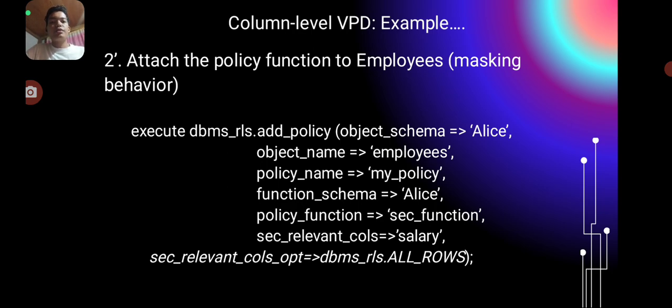Execute dbms_rls.add_policy, and the object schema name is Alice, the object name is employees, and the policy name is my_policy. The function schema is Alice, and the policy function is sec_function. The sec_relevant_cols is the salary, so it involves a number. The last syntax is sec_relevant_cols_opt equals dbms_rls.all_rows.